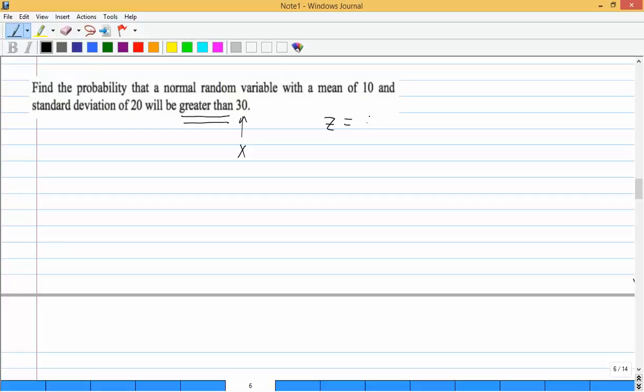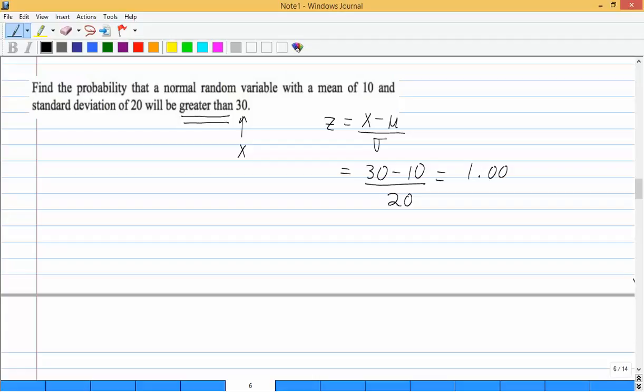So z equals x minus mu over sigma. So that'll be 30 minus 10 over 20. So that's going to be 20 divided by 20, which is 1. So 1.00 is the z-score that I'm going to look at.